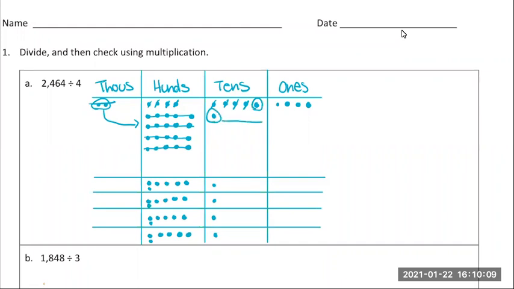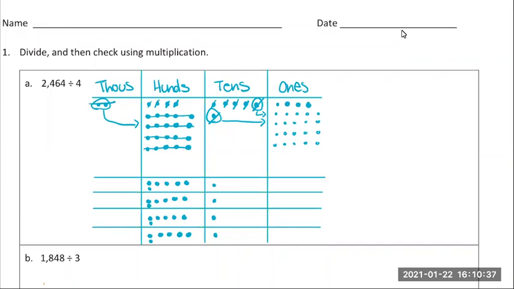So I need to unbundle these. So that gives me 20. I've unbundled my 2 10s to give me 20 1s, and I already had 4 in my ones place. So now I can divide. I have 24 ones in my ones place.